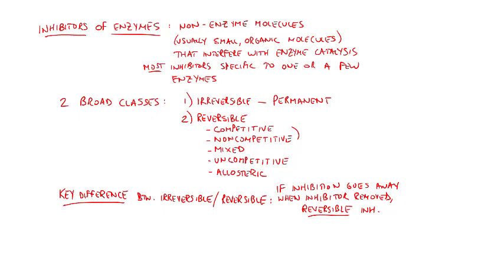Now, why does inhibition go away when the enzyme inhibitor is removed if it's reversible? Well, the reason it goes away is because regardless of what type of reversible inhibitor that you have, all of our reversible inhibitors bind to enzymes by weak non-covalent intermolecular forces.